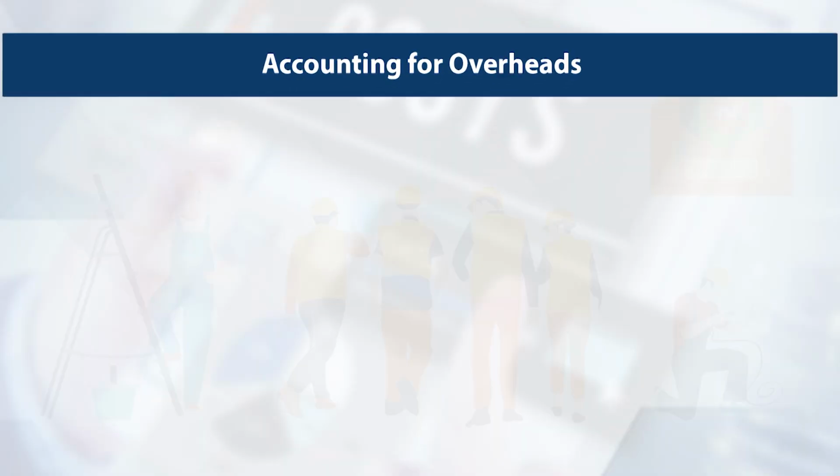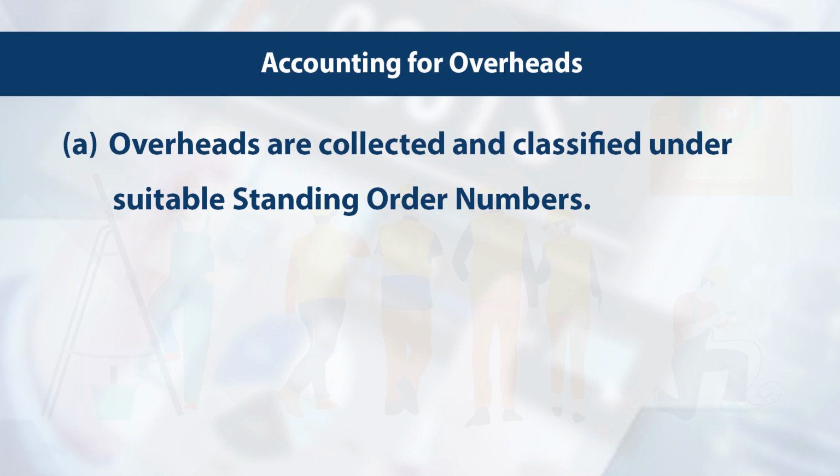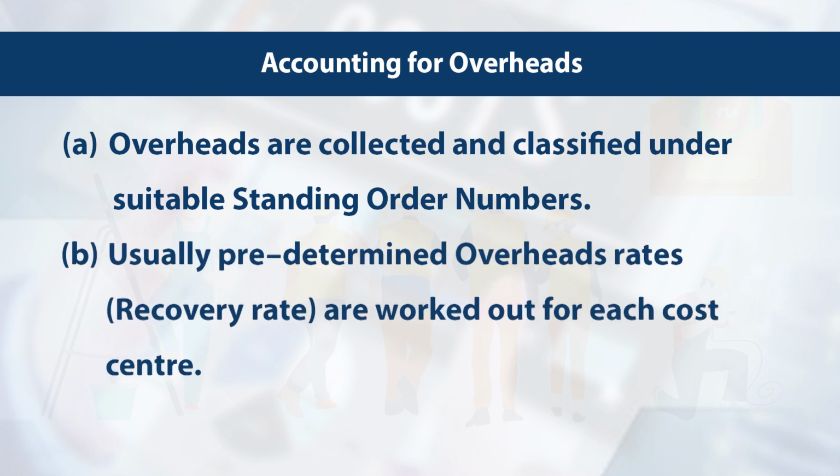Let's understand accounting for overhead. Overheads are collected and classified under suitable standing order numbers. Then usually predetermined overhead rates, that is recovery rates, are worked out for each cost center.